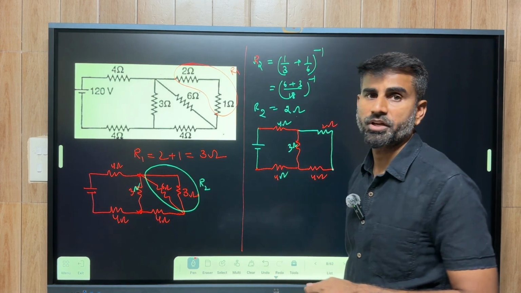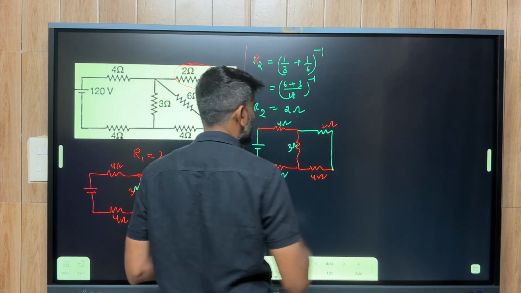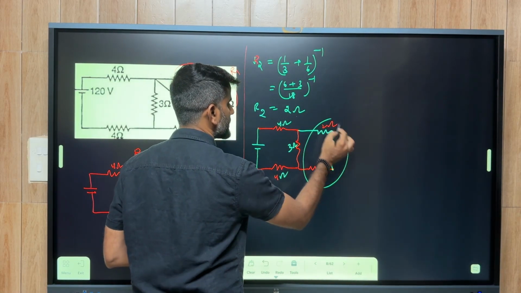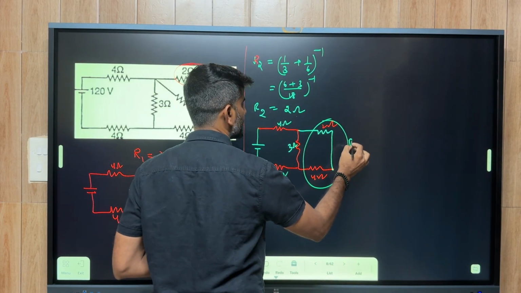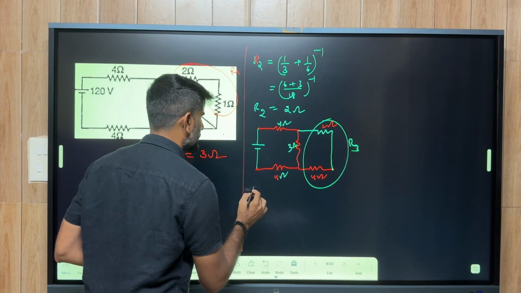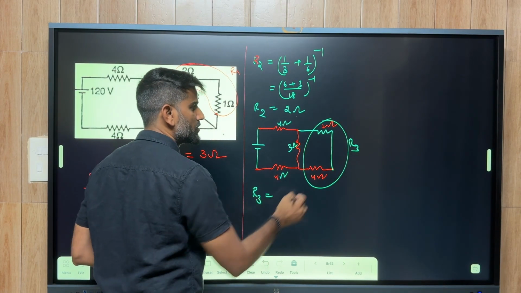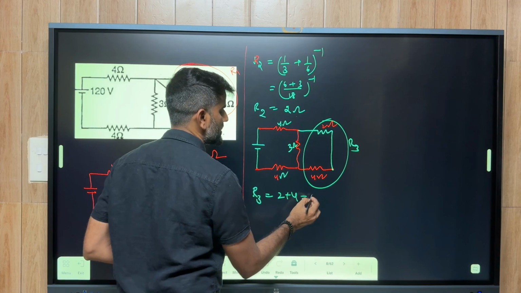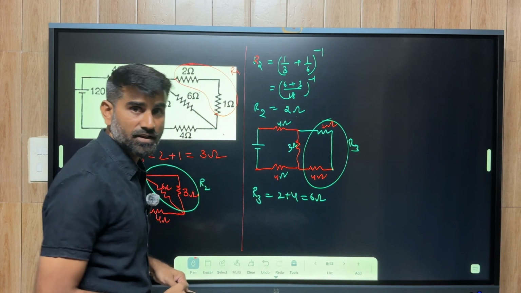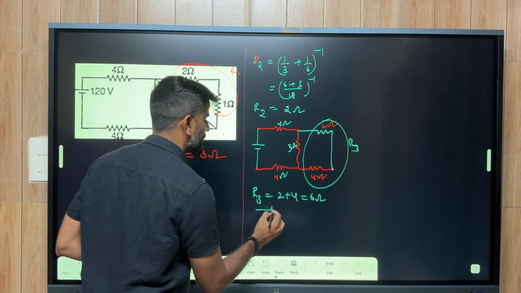We have already obtained over here. Now these 2 ohms and 4 ohms are in series. I'm writing it as R3. This R3 is nothing but the sum of individual resistances, 2 plus 4, which is 6 ohms. Again this circuit is further simplified.